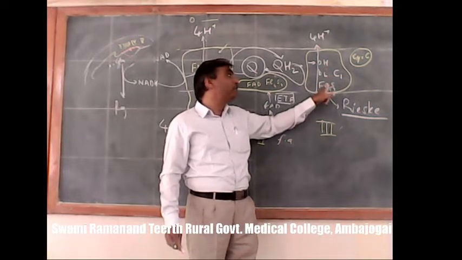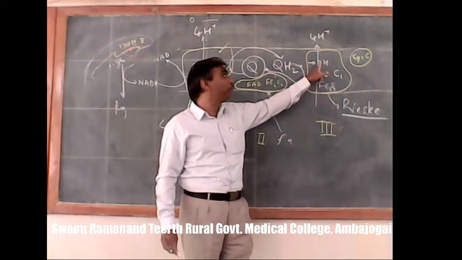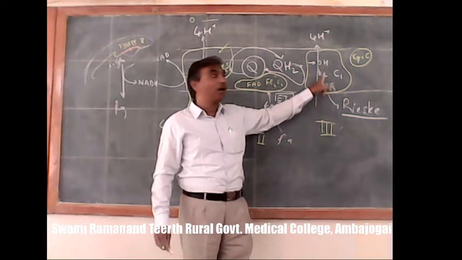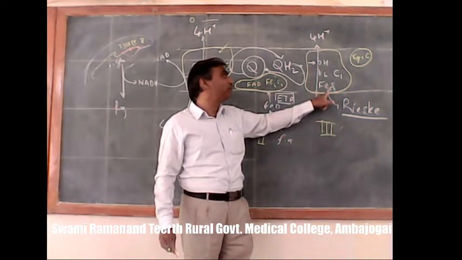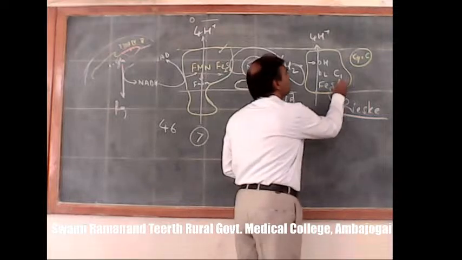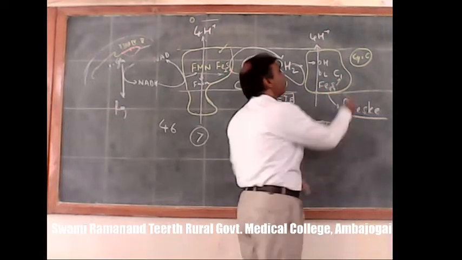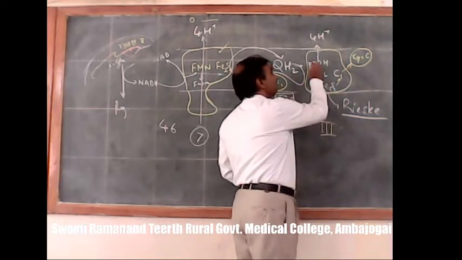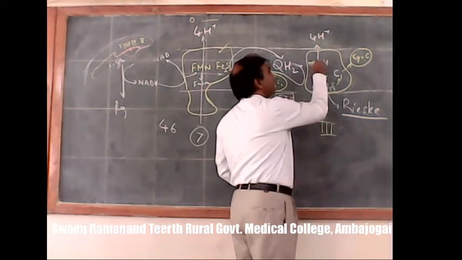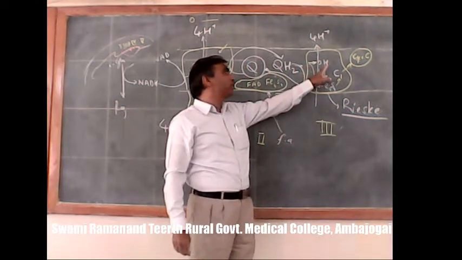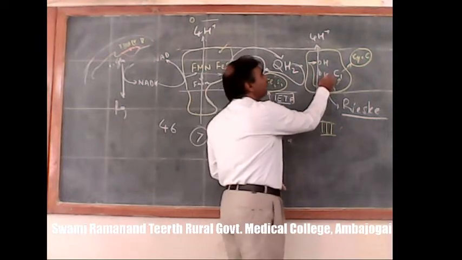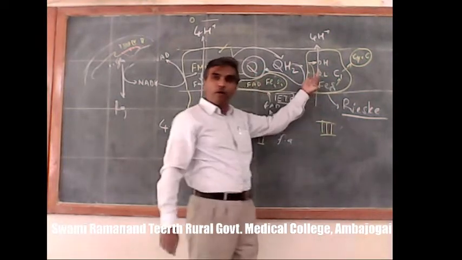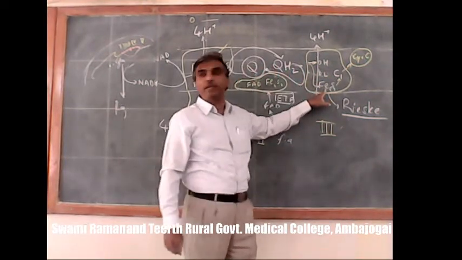One electron is given to this BH, BL form. Another electron is given to FeS. From here it goes to C1, and from C1 to cytochrome C. So these are the 2 ways. One electron is given to BH, BL, then from BL it is given to Q. From Q again it comes to FeS.